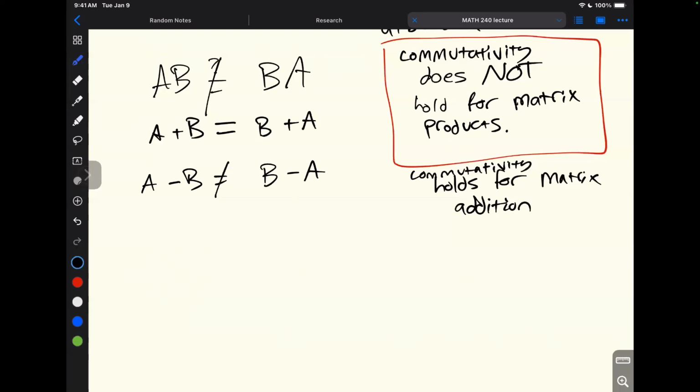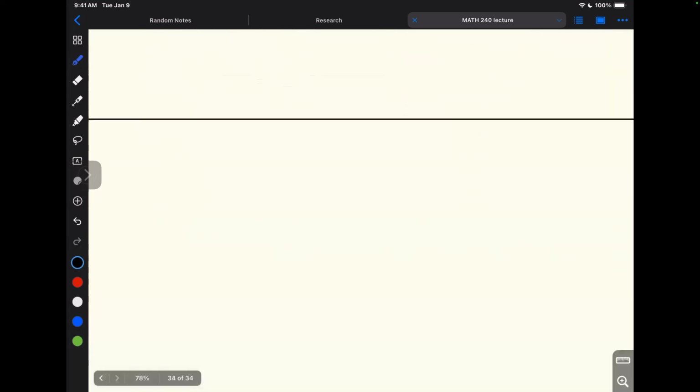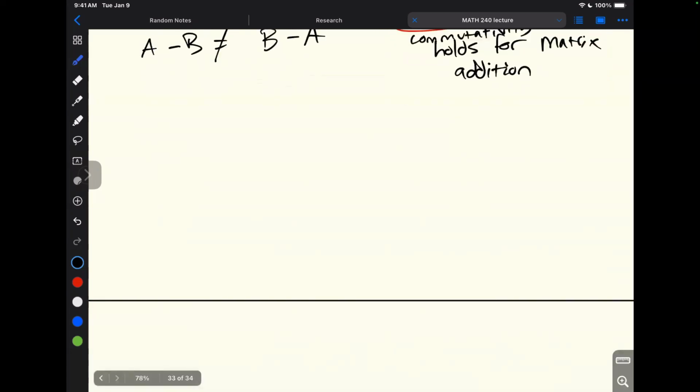Some more terms that the book has. I strongly encourage you to read through the textbook, especially in this section. We have something called the identity matrix. This is a matrix where all of the entries on the diagonal are 1.